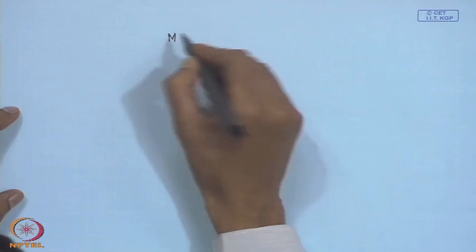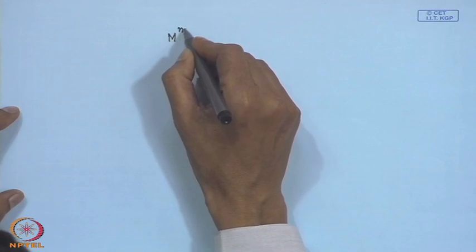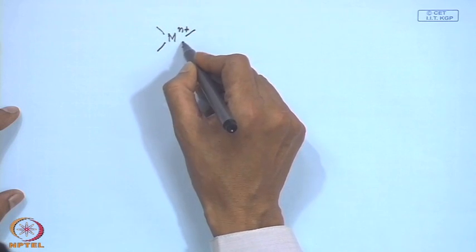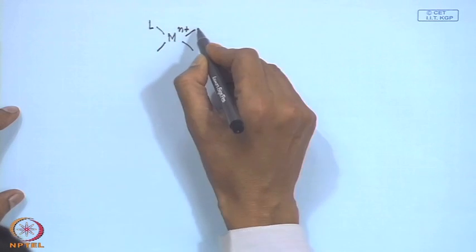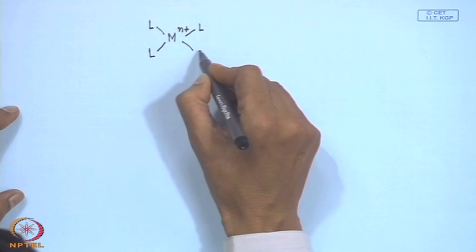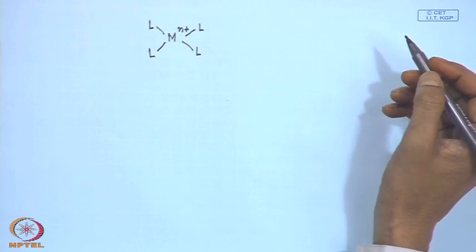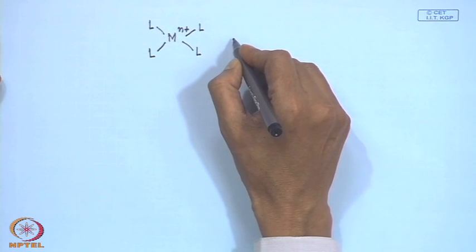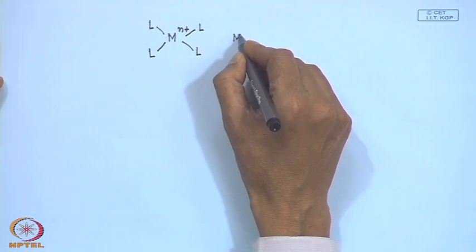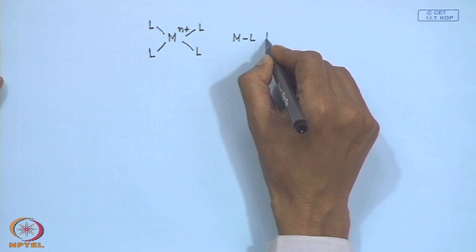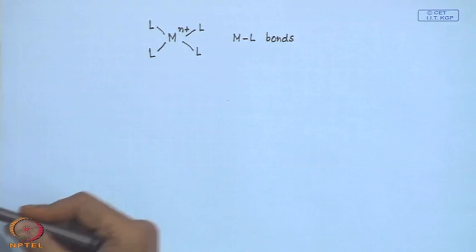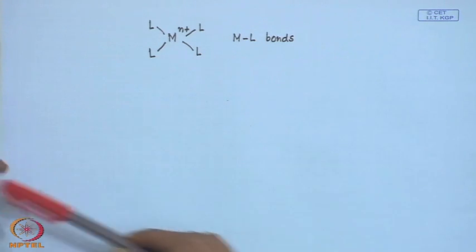As we have seen, whenever we have a metal ion forming some complex with the ligands, and if we simply consider that there are 4 such metal-ligand bonds which are present in the final product, that means the final complex.